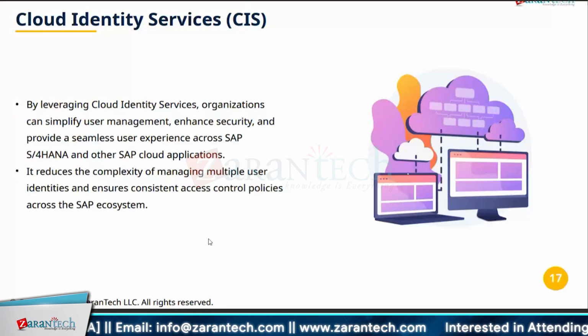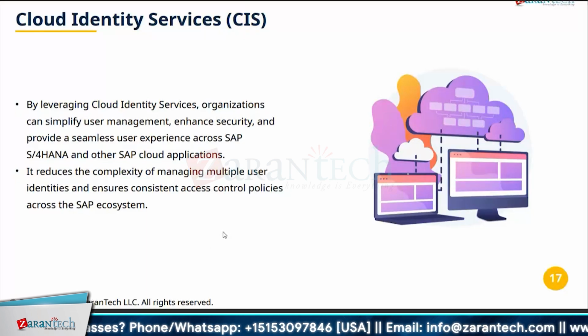And if we are using identity federation effectively, then even the overall complexity of SSO, the overall complexity of identifying that particular person in different applications, is something which, with the help of CIS, we can definitely achieve. And it reduces the overall complexity and even the effort which we would be spending in multiple cloud applications to ensure we are doing things correctly.